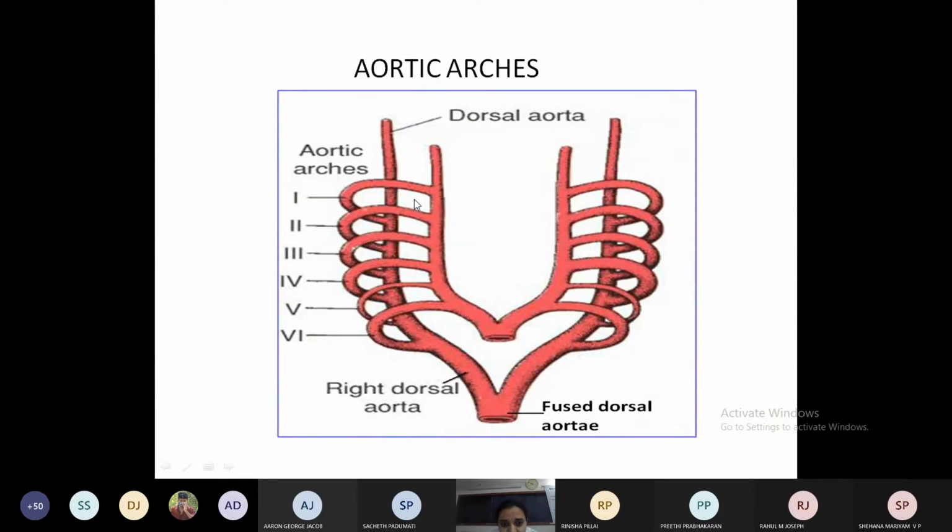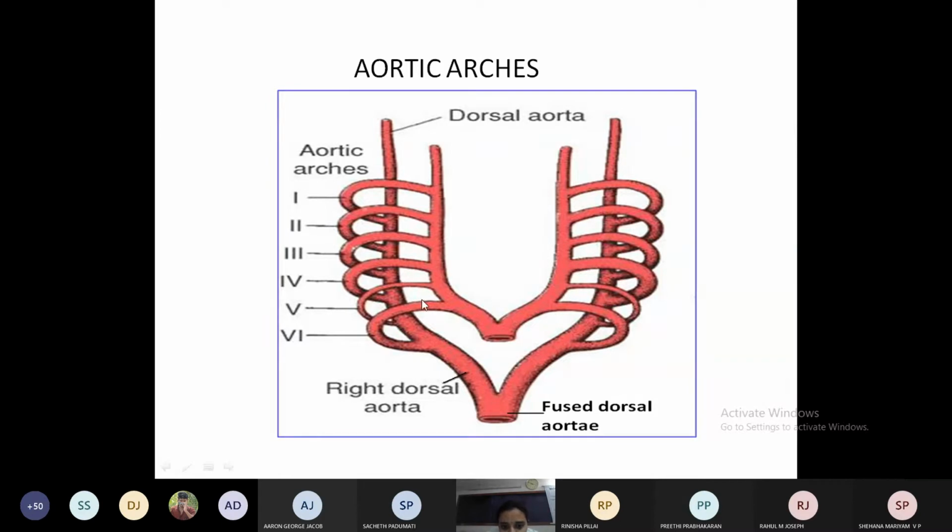These aortic arches, 6 pairs, are not formed at the same time. The first one will appear, then the second one, later the third one. By the time the first one is degenerating, part of it will remain and part of it will go off. Then the fourth one will develop, fifth, sixth, like that.